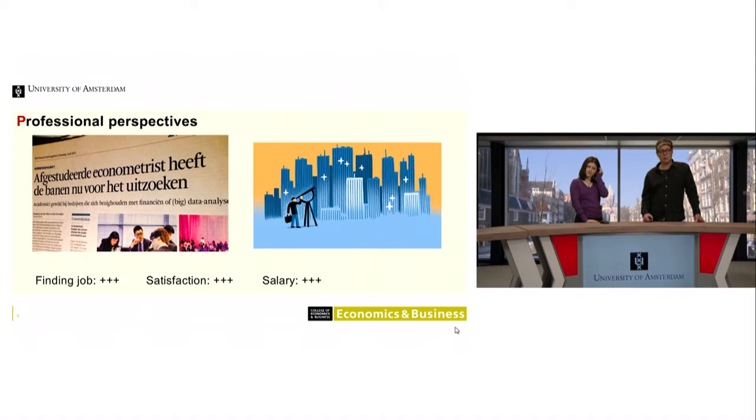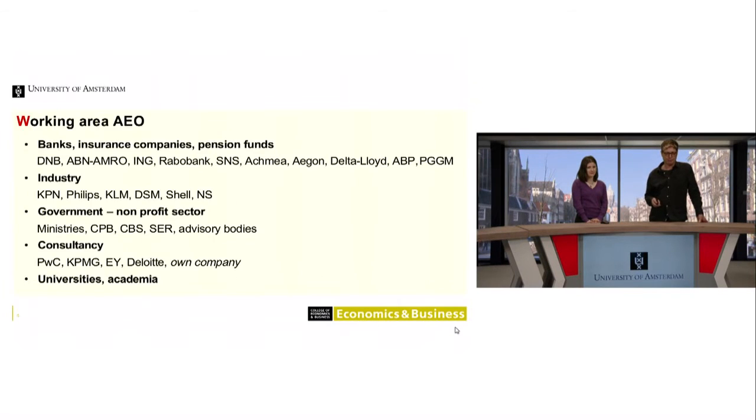And what is maybe more important is that the satisfaction at their job is enormous, and that it comes at a good salary. It's only a big advantage. So there's no reason not to study if you're looking at career perspectives.